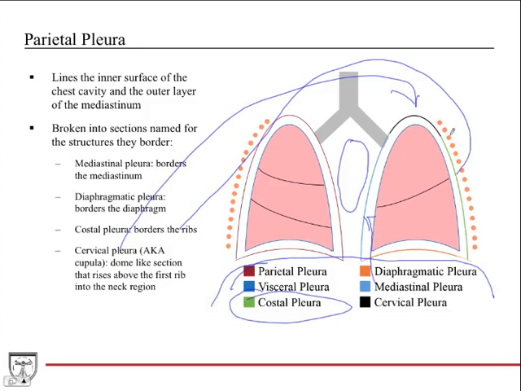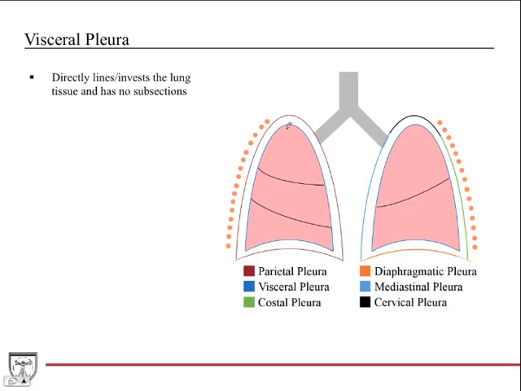As you can see, it's a dome-like section, and it rises above the first rib and actually extends into the neck. By extending into the neck, it becomes susceptible to injury. So neck injuries can actually affect the pleura because of this cupula. Again, the visceral pleura is shown here. It directly lines and invests the lung tissue, and it has no subsections.